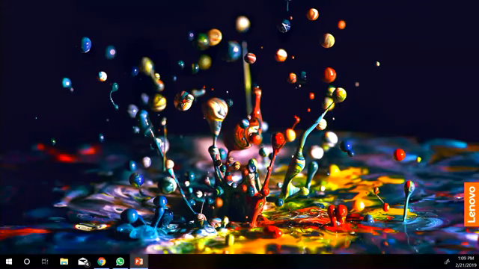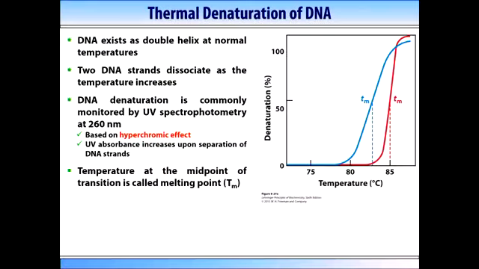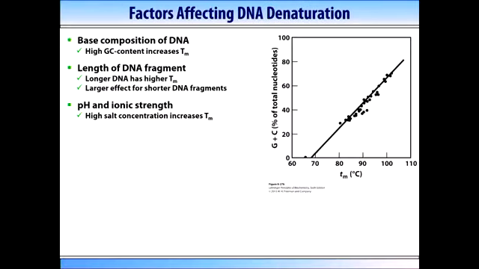But let's go back to where we were. The major factors that affect the temperature of DNA melting are the GC content and its length, and ionic strength and pH in the way that we just discussed.